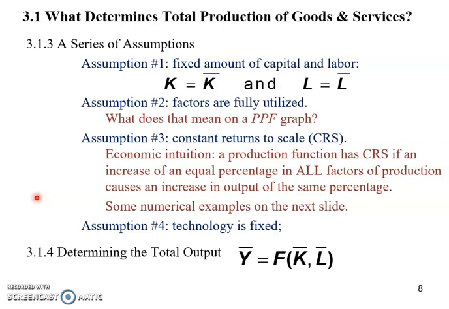Because technology is also fixed, the function itself is also fixed. In other words, if it's a linear function, it's always linear. The parameters in the function stay unchanged. Because everything is assumed to be fixed, our total output has to be fixed. That's why we get this overhead bar above Y, the uppercase letter Y, on the left-hand side.